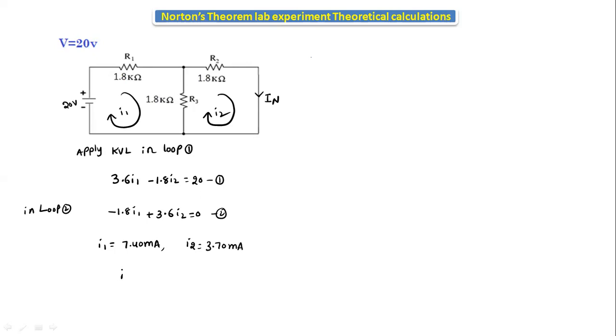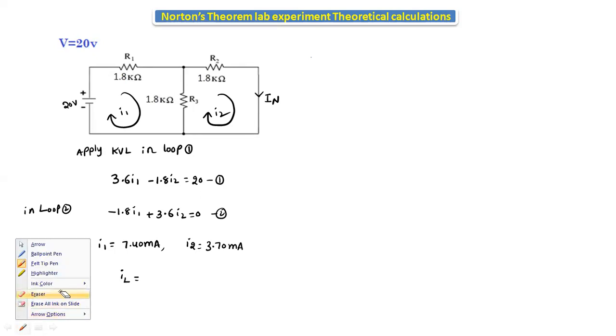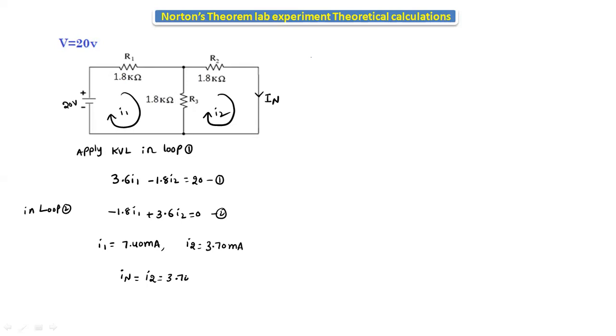As we know that the current passing through this branch is I2, that is IN. IN is equal to I2 is equal to 3.70 milliamps.